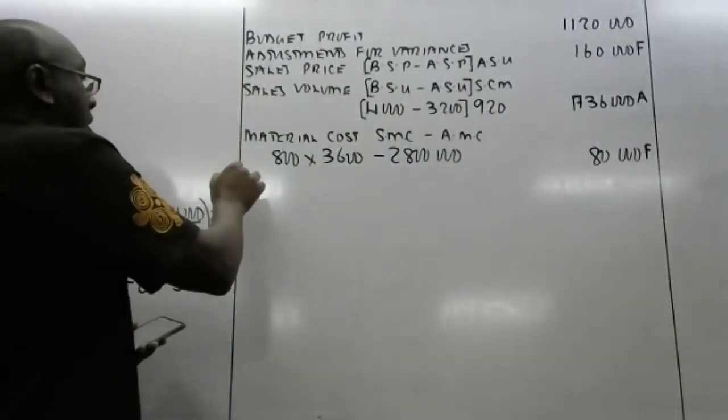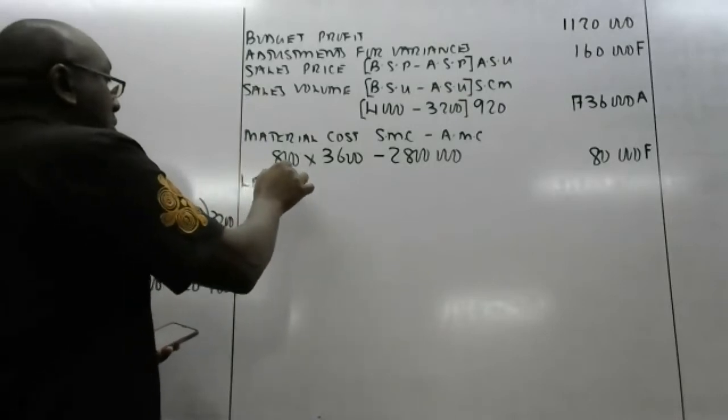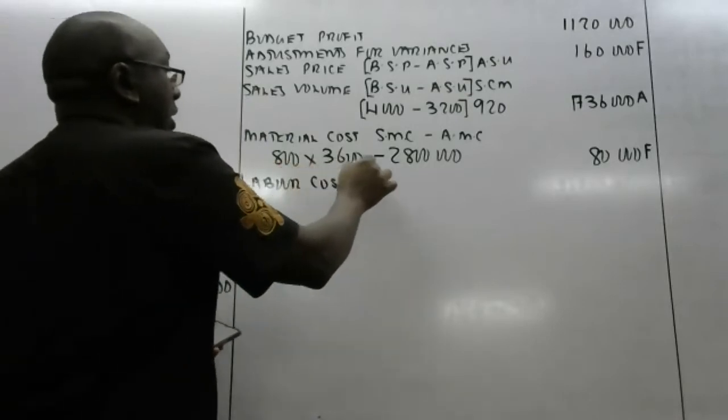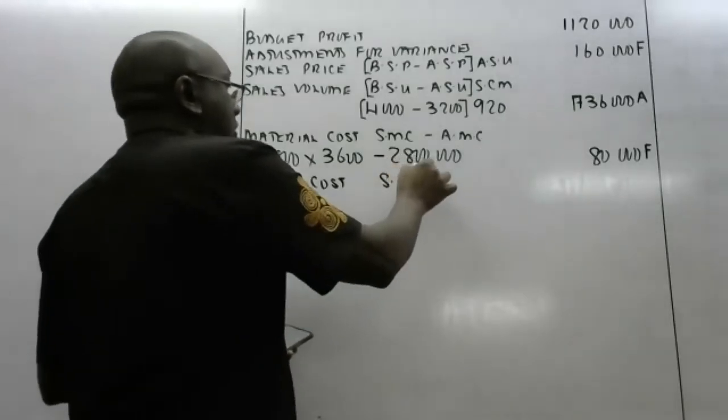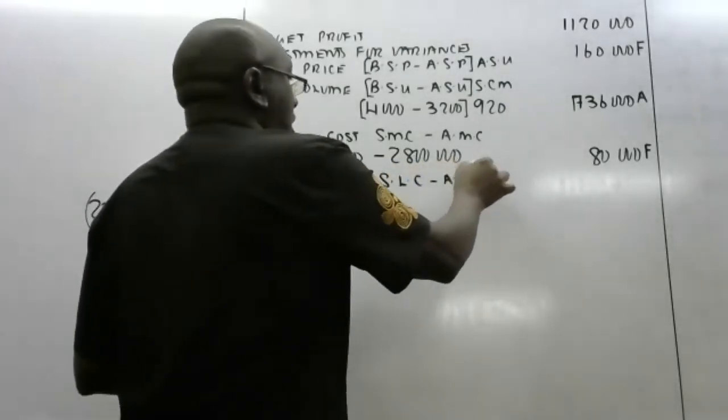The next one is labor costs. Labor cost is standard labor costs minus actual labor costs.